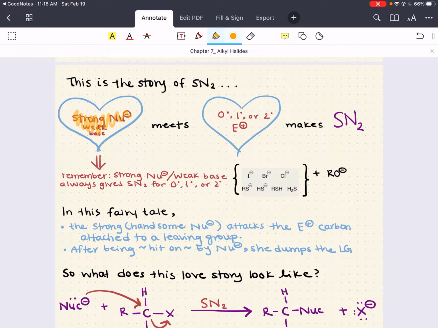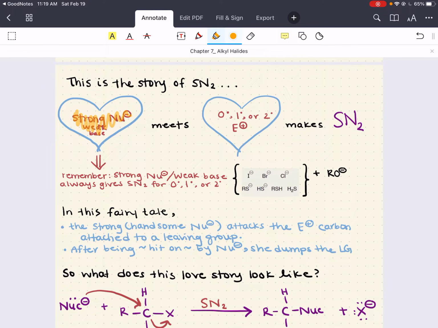In this fairy tale, the strong and handsome nucleophile attacks, or as one would say, hits on the electrophilic carbon attached to a halogen, which is our leaving group. Now, after the electrophilic carbon gets hit on by the strong and handsome nucleophile, she falls in love immediately. She dumps the halogen, our leaving group leaves, and she gets with the nucleophile instead.